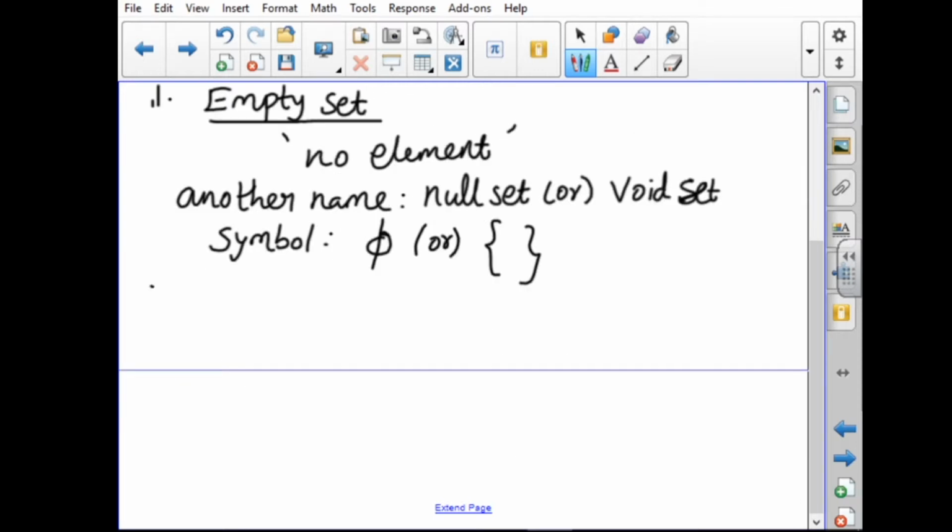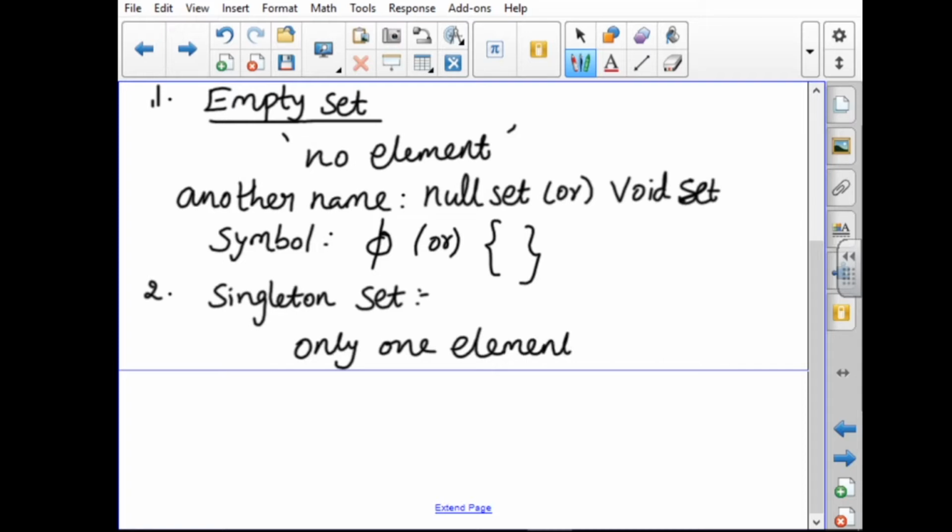Second one, singleton set. Second type is singleton set. A set consisting of only one element is called a singleton set.